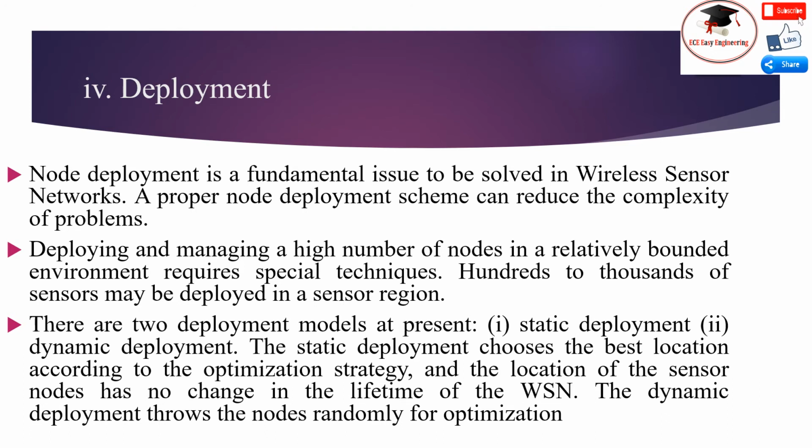There are two deployment models at present: static deployment and dynamic deployment. The static deployment chooses the best location according to the optimization strategy, and the location of the sensor node has no change in the lifetime of the WSN. The dynamic deployment throws the nodes randomly for optimization.